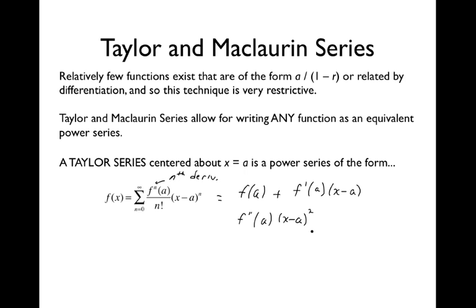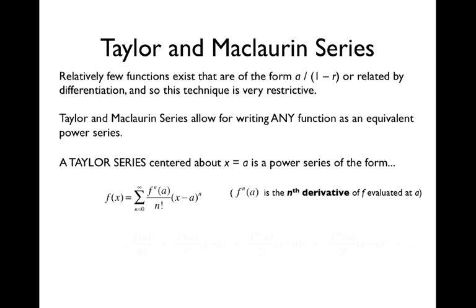Is that it? Right, we've got this part too, right? What's this? Over 2 factorial, right? So this is what you should have written. 0 factorial is 1. 0 factorial is 1 by definition, okay? It's not 0, it's 1.